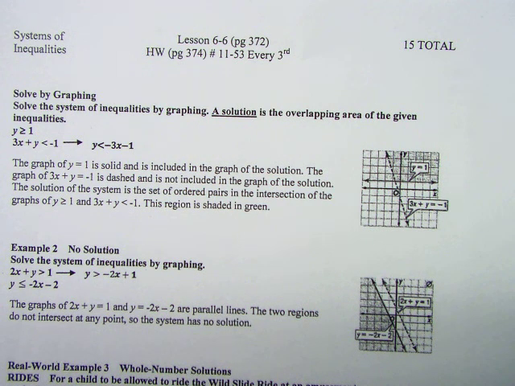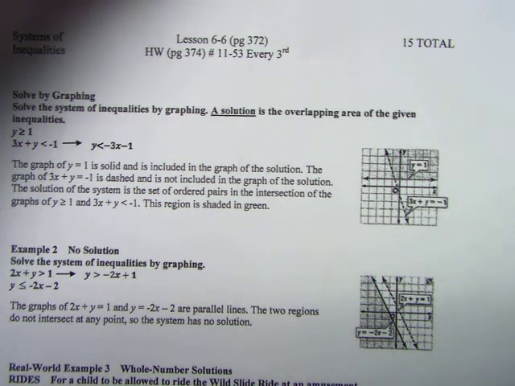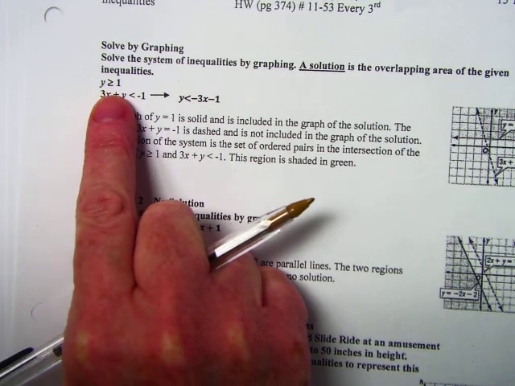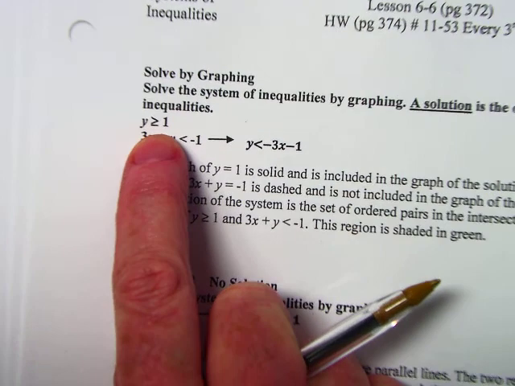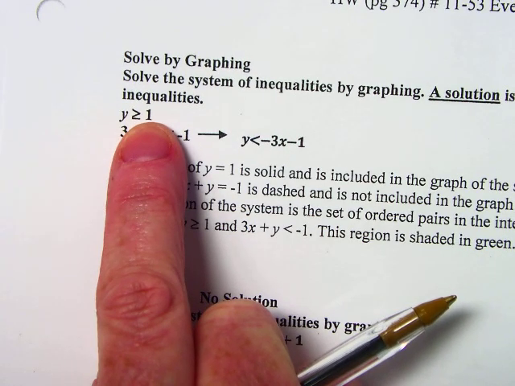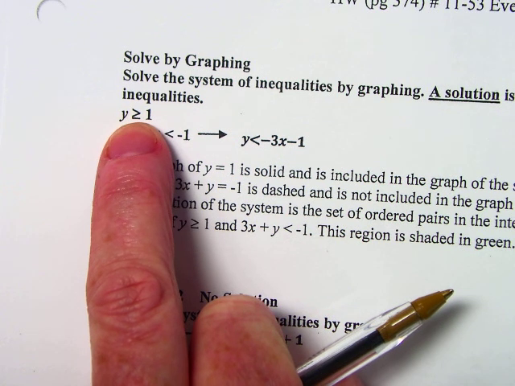So let's get started. Okay, step one, graphing the lines and remembering what the symbols mean. If we look at this, we're saying y is what compared to the number 1 here? Greater than or equal to. Greater than would be above or below?